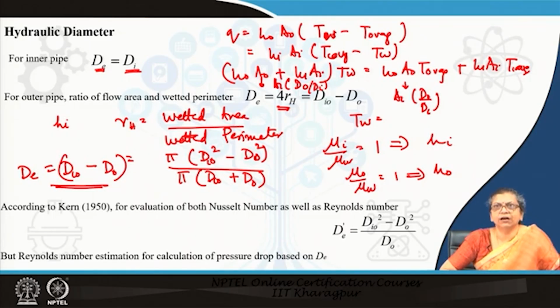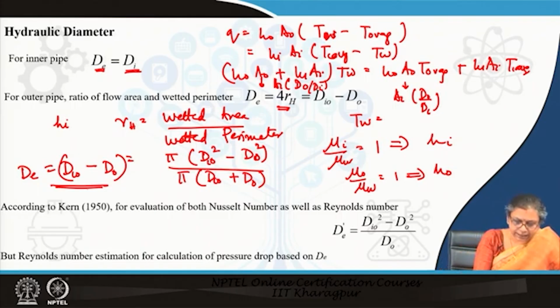But when you are finding out the heat transfer coefficient and defining the equivalent diameter under that condition, it should refer not to the wetted perimeter, but to the perimeter through which the heat transfer is occurring. So, he said that for the heat transfer case, the RH should be defined.